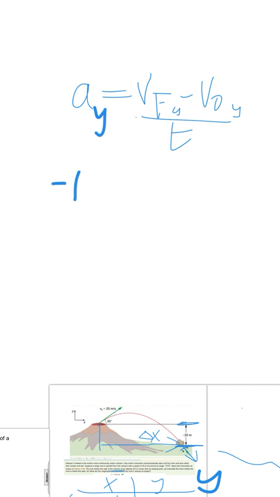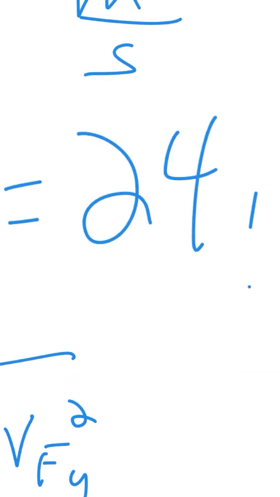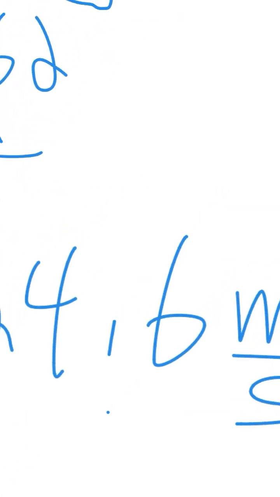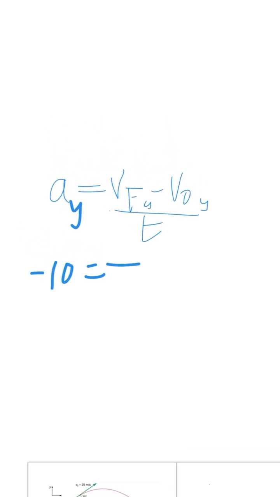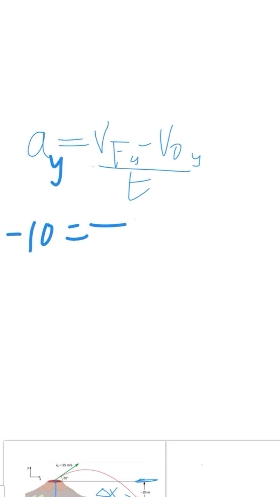So -10 equals VFY, which we found down here to be 24.6. Actually, it's -24.6 because it's on the way down.